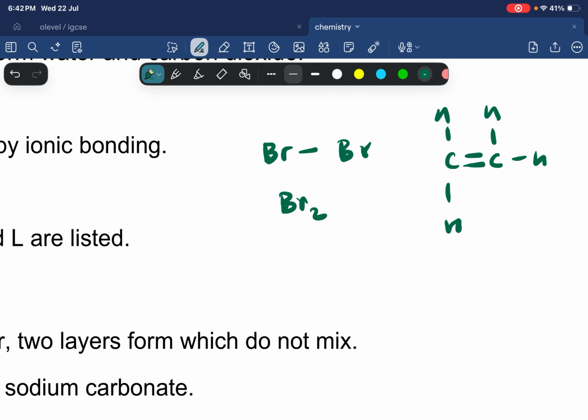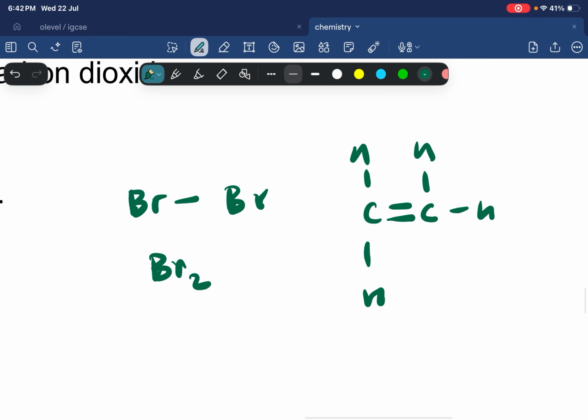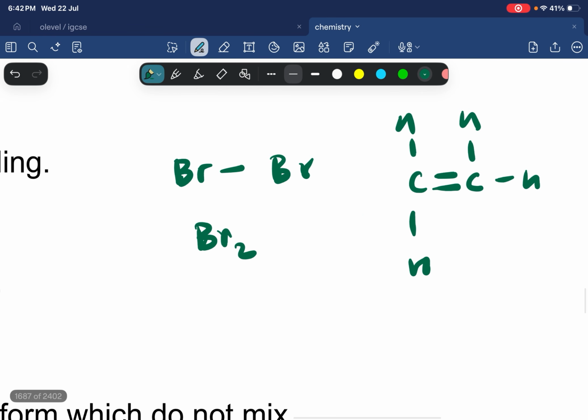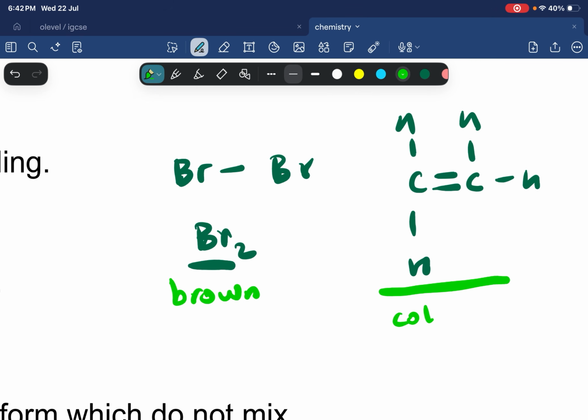Now what's going to happen is that this bromine right here, that's Br2, is brown or reddish brown or orange in color, whatever you like to call it. And this thing is colorless. This is an ethene that's colorless.